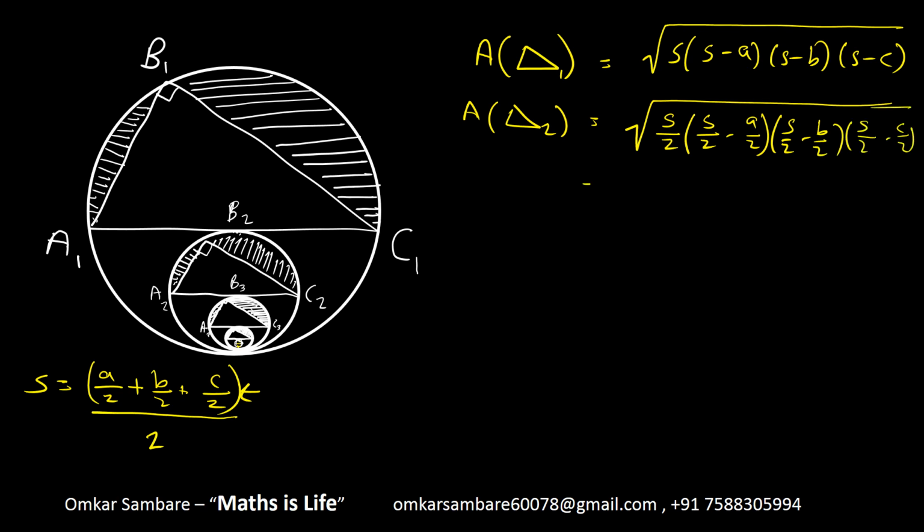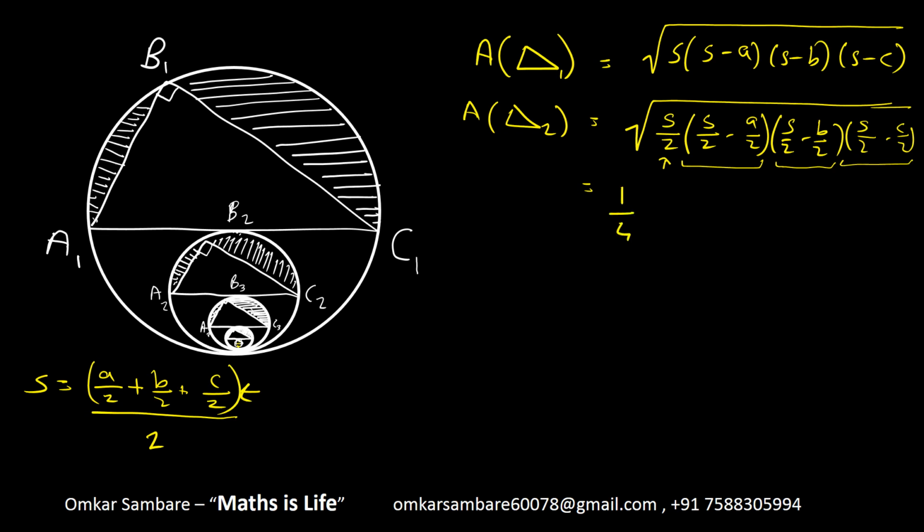Or what we can do, we can take 1 by 2 common from each of these four terms. So there are four 1 by 2, that is 1 by 2 raised to 4, and we take that outside the square root, so it will be just 1 by 2 raised to 2. We take only half part outside, so 1 by 2 raised to 2 will be there, which means 1 by 4.